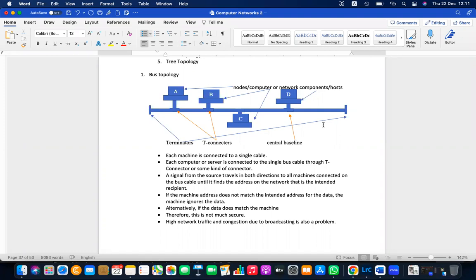That is CSMA-CD. Next time, when they want to communicate, they will sense the line after the given random amount of time, and then they can start sending data.